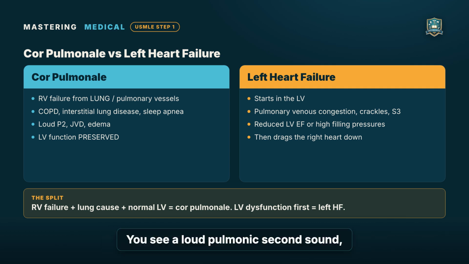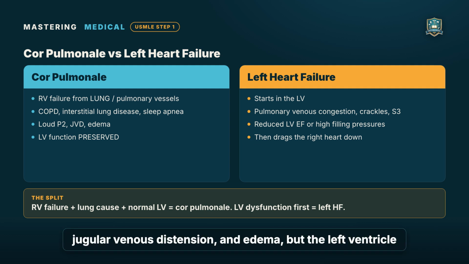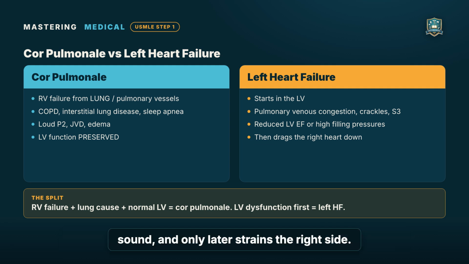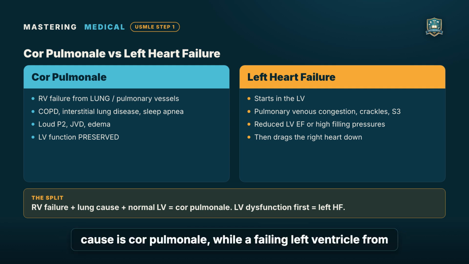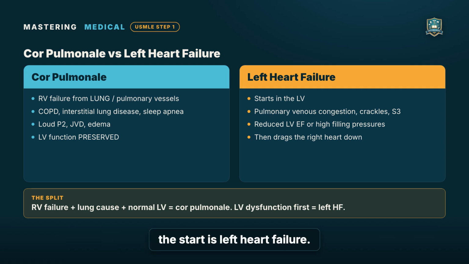You see a loud pulmonic second sound, jugular venous distension, and edema, but the left ventricle is working fine. Left heart failure starts in the left ventricle and congests the lungs first, with crackles and a third heart sound, and only later strains the right side. So right heart failure with a normal left ventricle and a lung cause is cor pulmonale, while a failing left ventricle from the start is left heart failure.